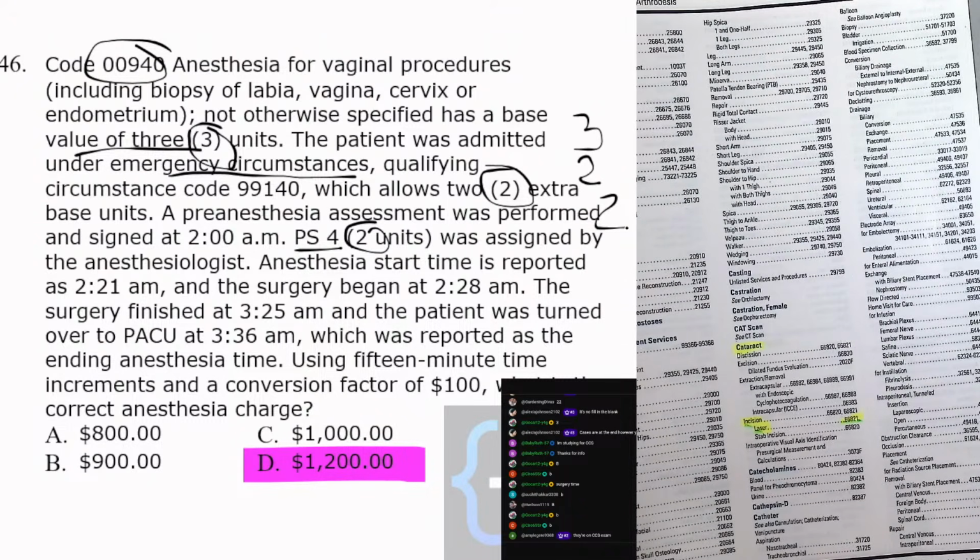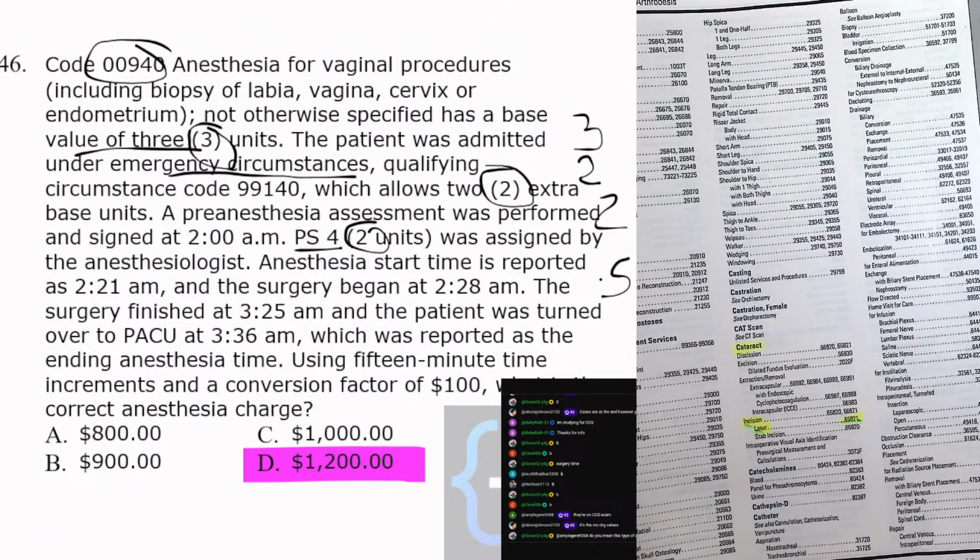And then you do your anesthesia time, and for every 15 minutes, you get another unit of time. So if we have our 1 hour and 15 minutes, that's 5 units, right?